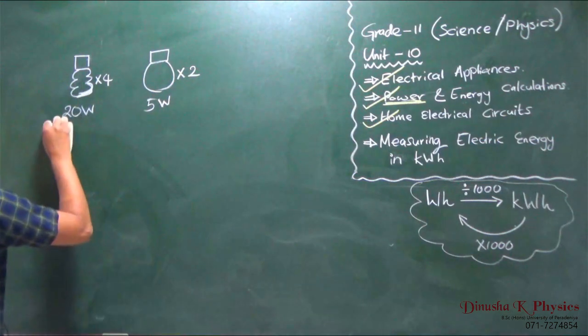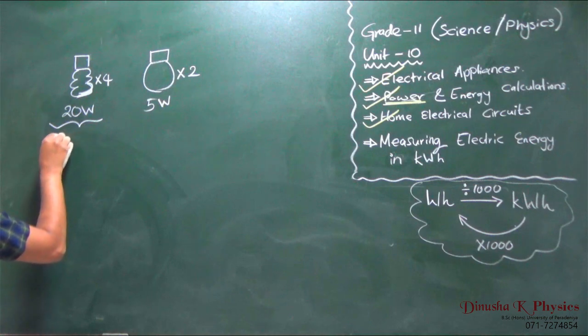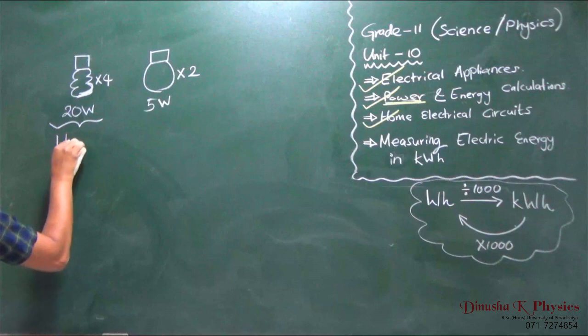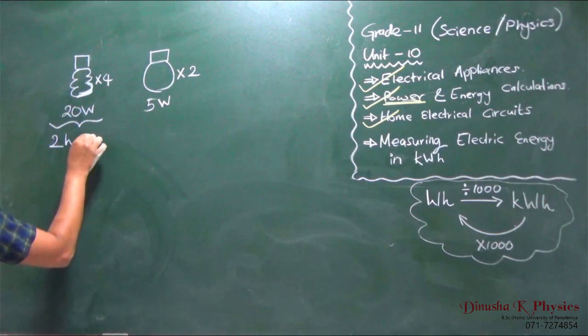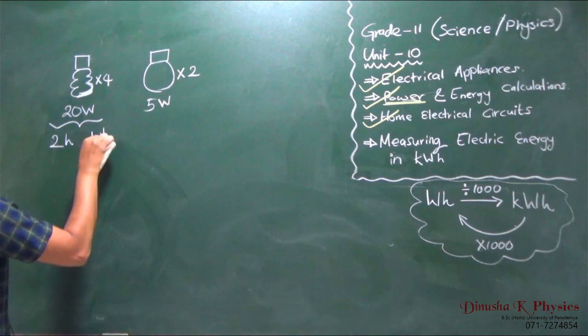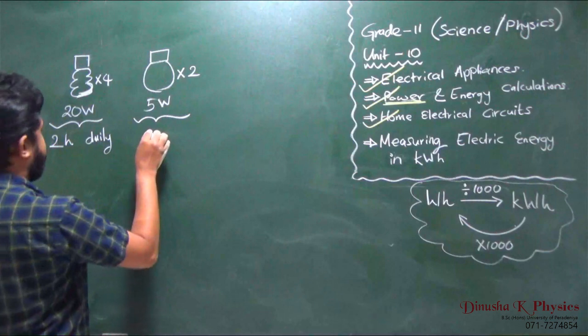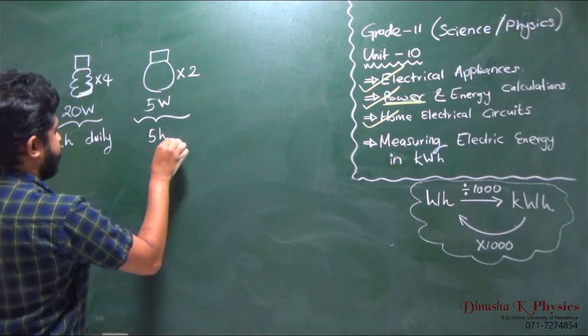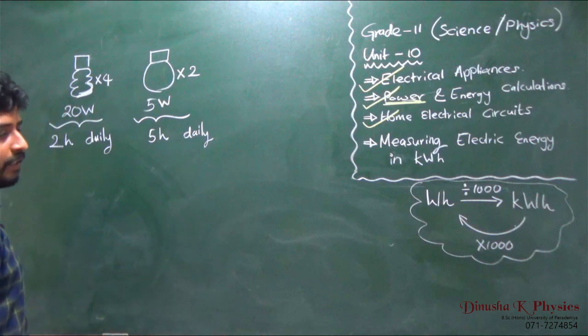So these 4 bulbs are operated for, sorry, let's say 2 hours daily, and these 2 bulbs are working for 5 hours daily, right?